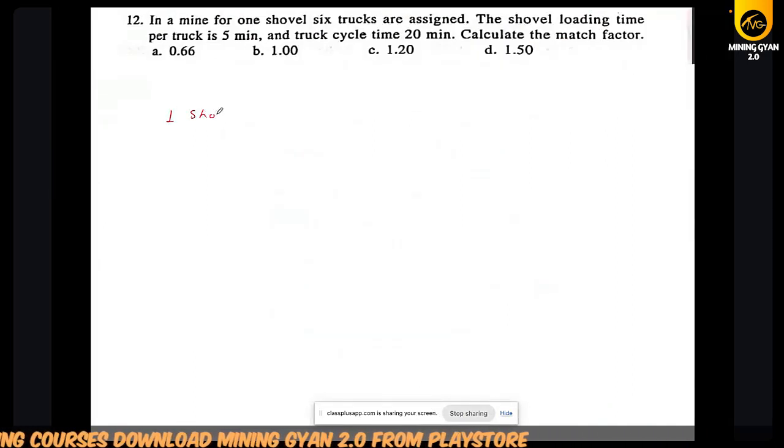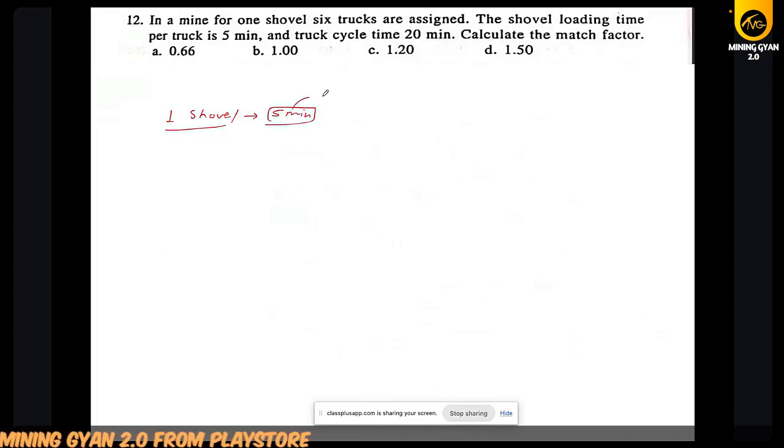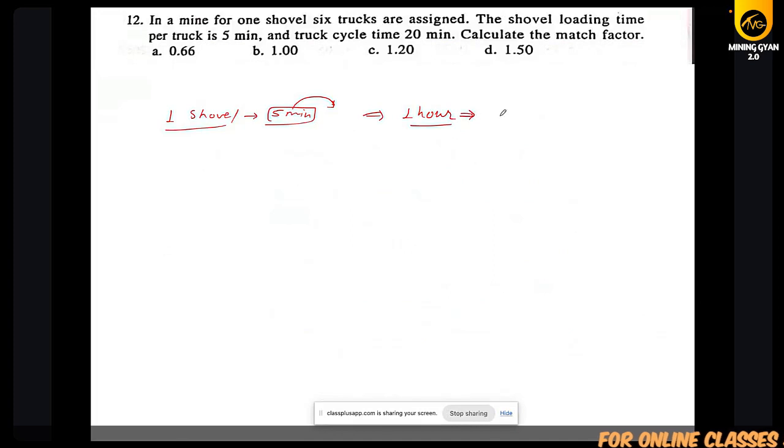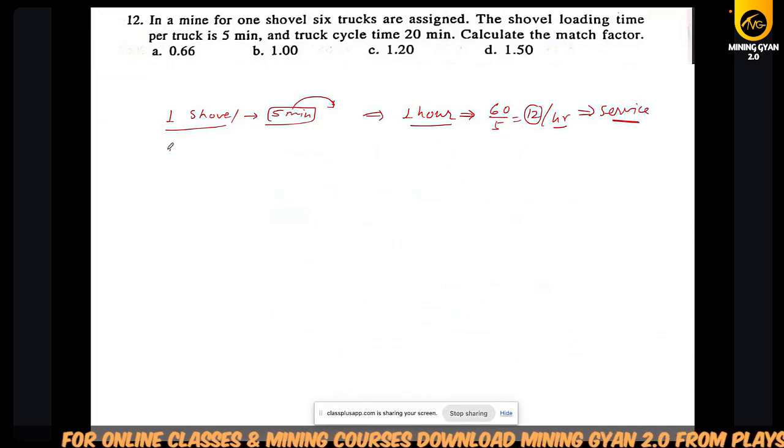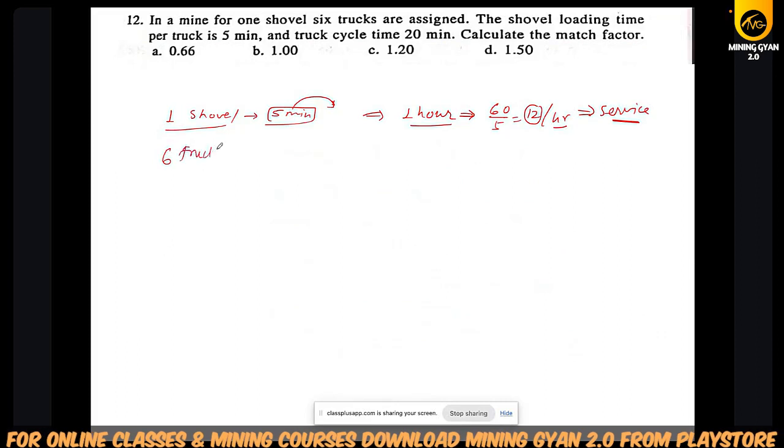One shovel, in 5 minutes, can load a dumper or truck. So in 1 hour, a shovel can load 60 divided by 5, which is 12 per hour. This is your service rate. We have 6 dumpers or trucks, and 20 minutes is the cycle time of one dumper.